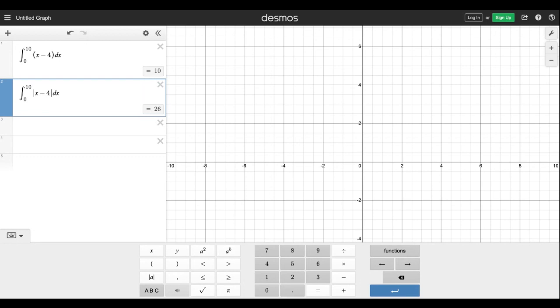Okay, so what you're going to do is you're going to plug in the function. So you're going to plug in x minus 4. You know how to plug in the x minus 4? Nope, nope. Right where it should say fnInt, and then it'll have a parenthesis, and then you're going to plug in x minus 4. Okay.